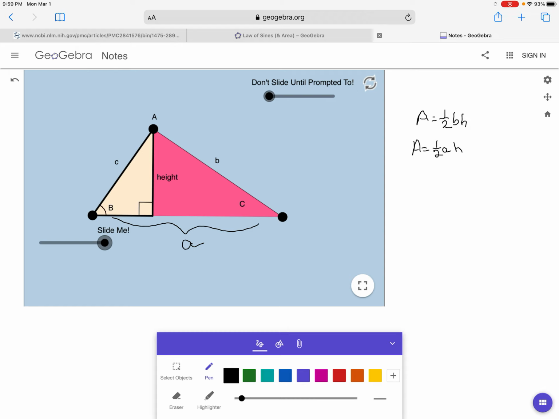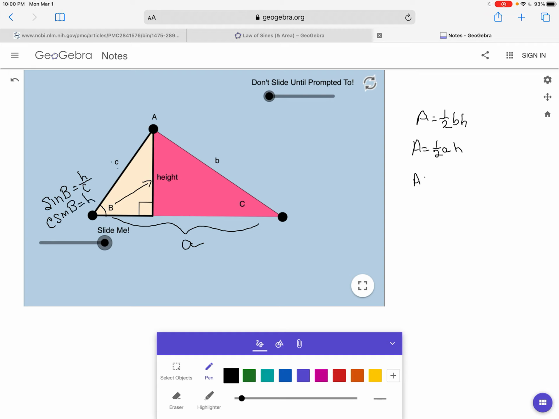Well, if we know angle B and we know side C, then the side opposite angle B is our height, and the hypotenuse of this yellow triangle is C. And so the opposite over the hypotenuse requires us to use the sine of angle B equals h over C. So C times the sine of angle B is our height.